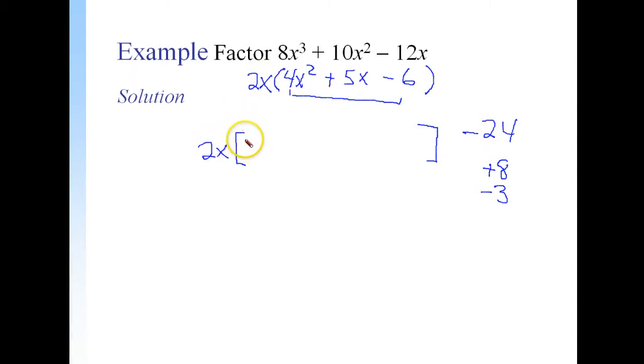So we're going to get a 4x squared plus 8x minus our 3x minus 6. So out of our first two terms, we're going to factor out a 4x.